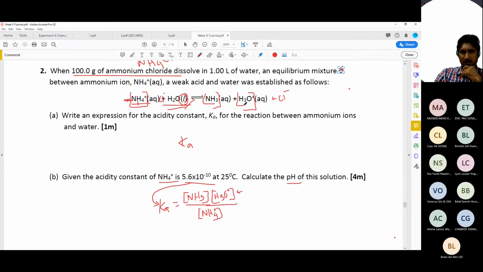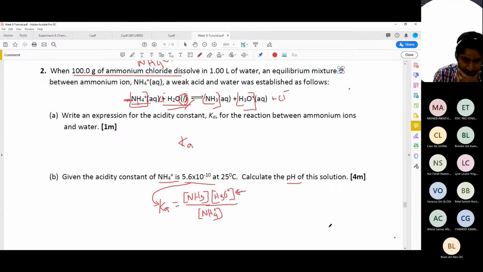Looking at the equation, ammonium is getting dissociated, and ammonia and hydrogen ion are being produced. I have the Ka value and I need the hydrogen ion concentration.